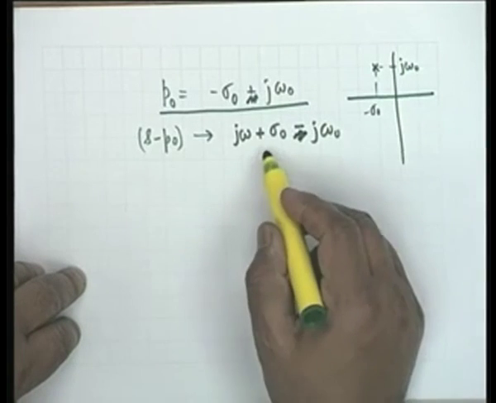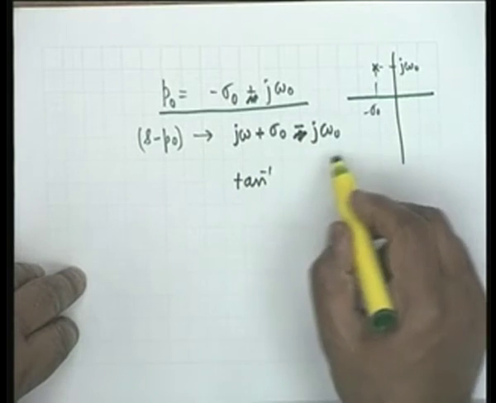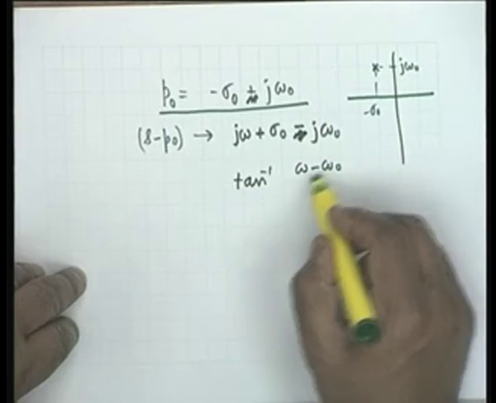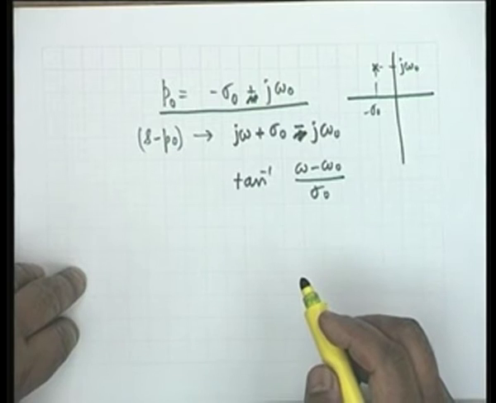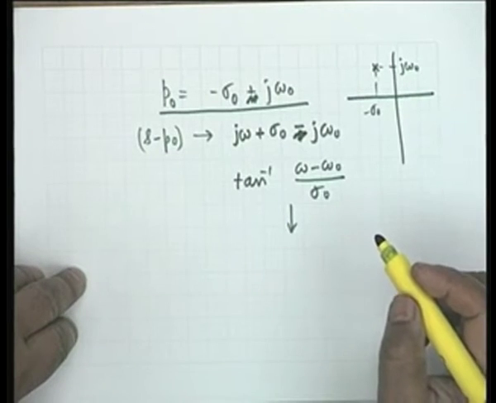Now, due to this, the angle would be tan inverse of (omega minus omega_0) divided by sigma_0, and pardon me, negative.